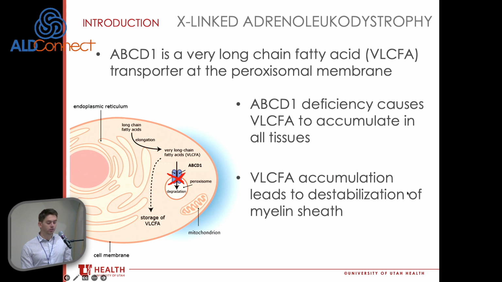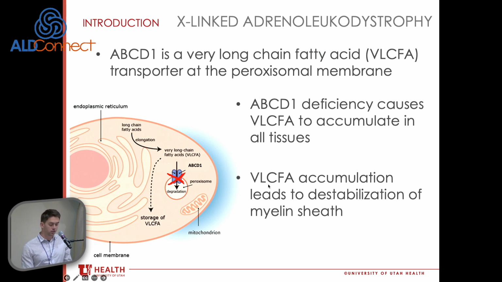The ABCD1 gene encodes a transporter found at the membrane of peroxisomes, which imports very long-chain fatty acids into the lumen of peroxisomes, the exclusive site for their degradation by beta oxidation. Its deficiency causes very long-chain fatty acids to accumulate in different tissues, and this represents the main biomarker of the disease as well.